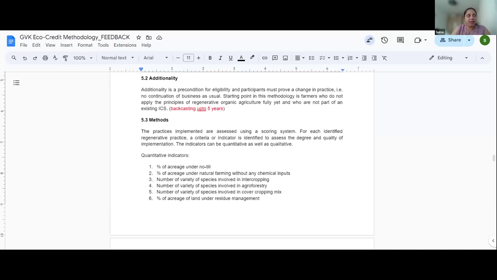So in that scenario, can that be used as an additionality establishing factor? Yes, because the project would not have happened without the program.